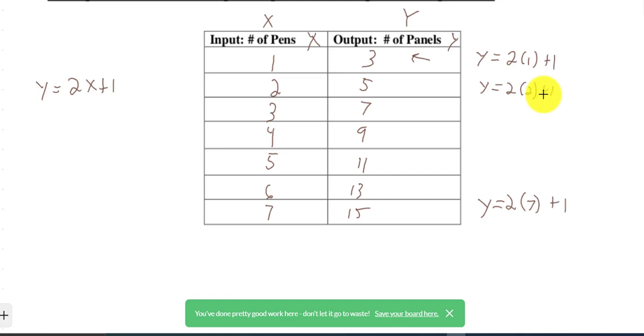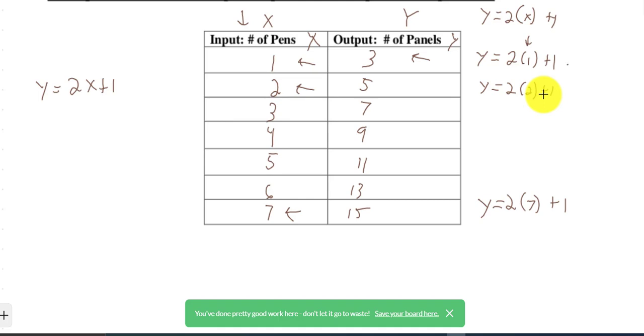Remember, the 7 is coming from here, the 2 is coming from here, and the 1 is coming from x. I'm replacing the x in parentheses with the value from here to find my y.